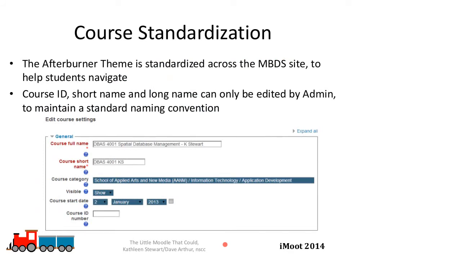The other thing that we do in our current system is we have a little tiny bit of course standardization. We really object to people dictating the look and feel of the Moodle too much. Within our organization, the Nova Scotia Community College, there's an online section in the college, and Dave and I have both taught online.